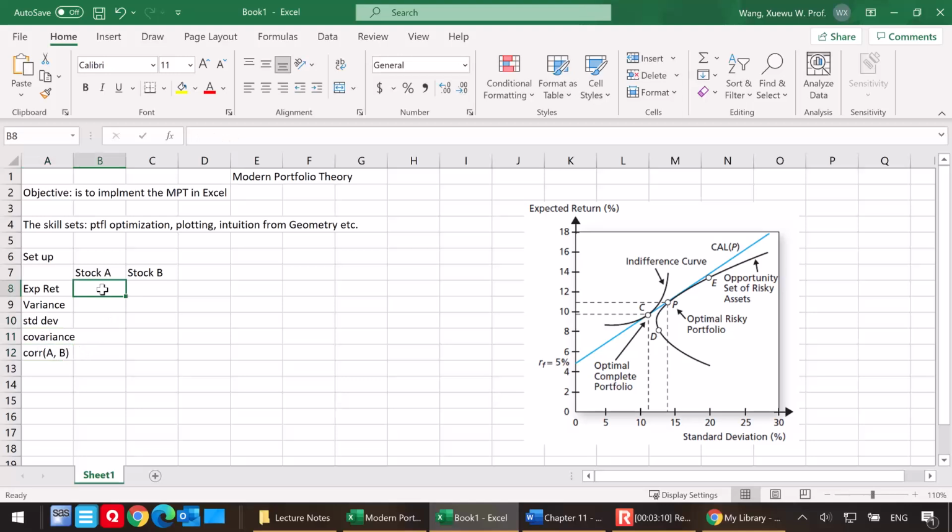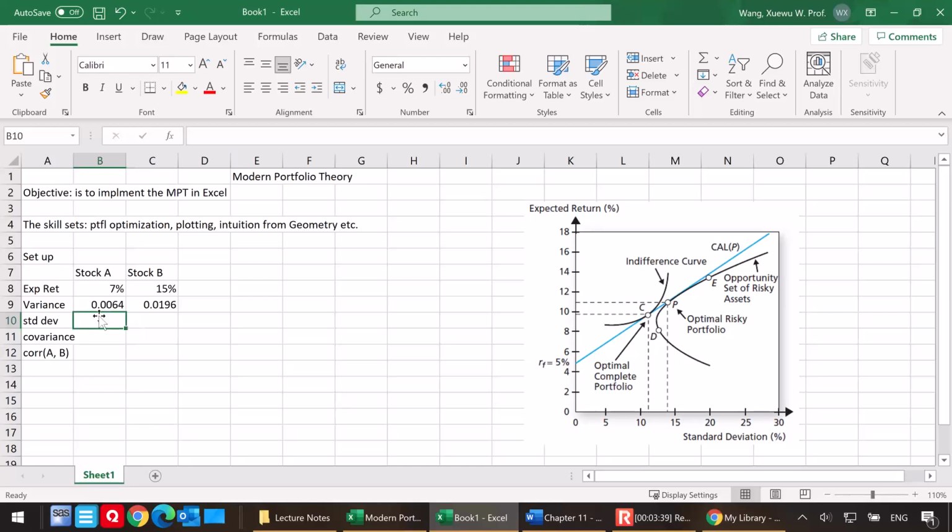Okay, so let me just provide the numbers. 7% for stock A, and 15% expected return for stock B. The variance is 0.06064 for stock A, and 0.0196 for stock B.